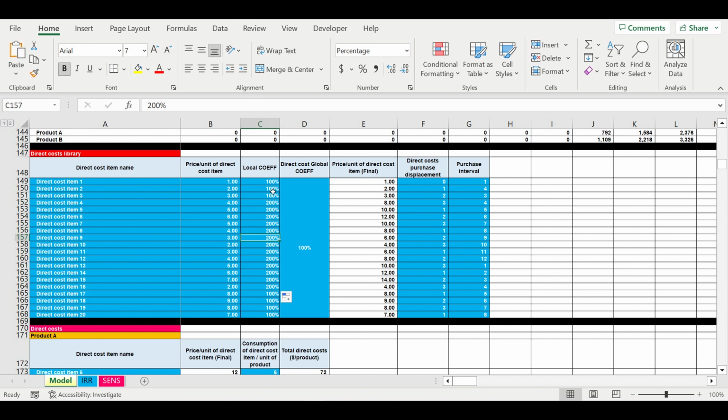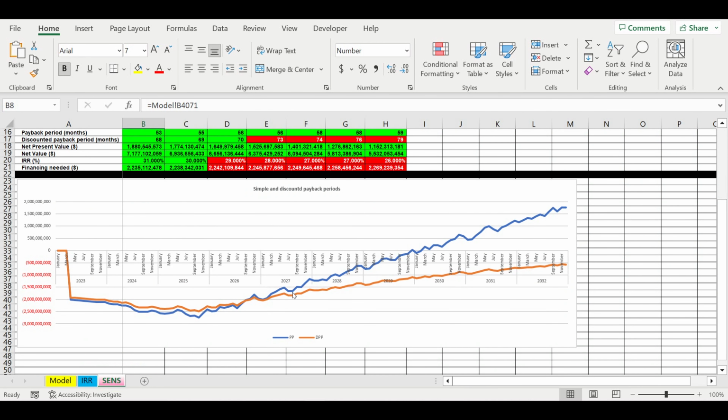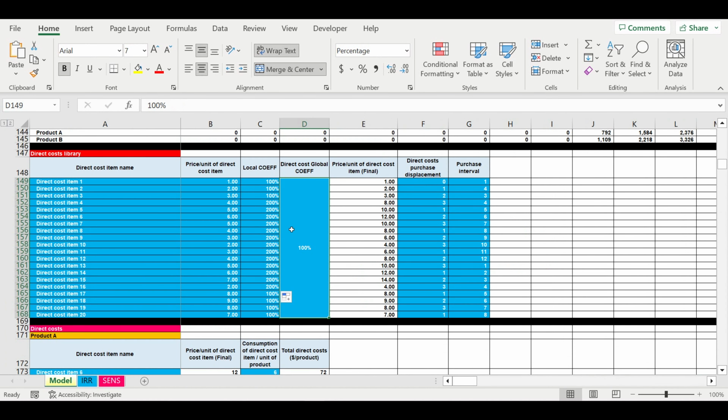So here we can use local coefficients, and this is a global coefficient, this is a local coefficient, and we can go to the diagram and see what will happen if we adjust only the local pricing for the raw materials. Let's put the previous values back.